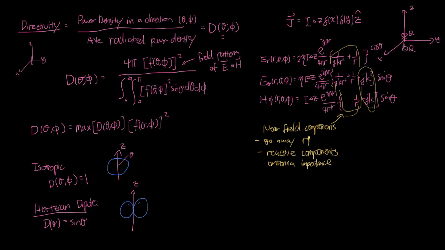So what you'll find is that if you treat your antenna as a load because you're driving it with some kind of voltage at the end of some kind of transmission line, in many cases there's going to be a reactive component that stores energy and releases energy, and all that is stored in the volume region that's close to the antenna. Now as r increases, these terms go away and you're left with the far field components.